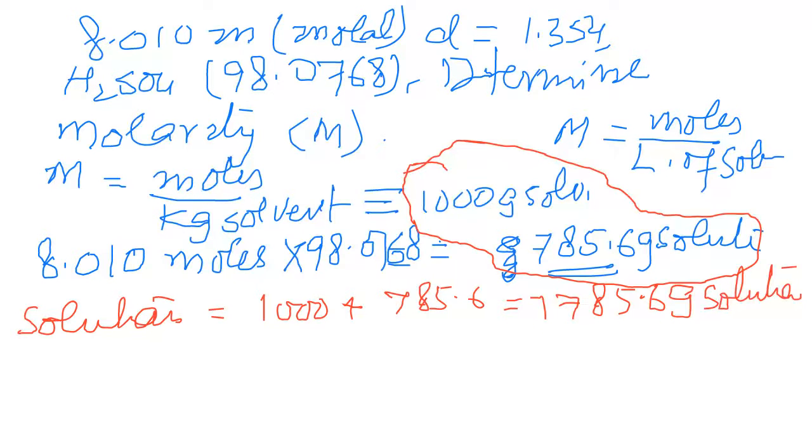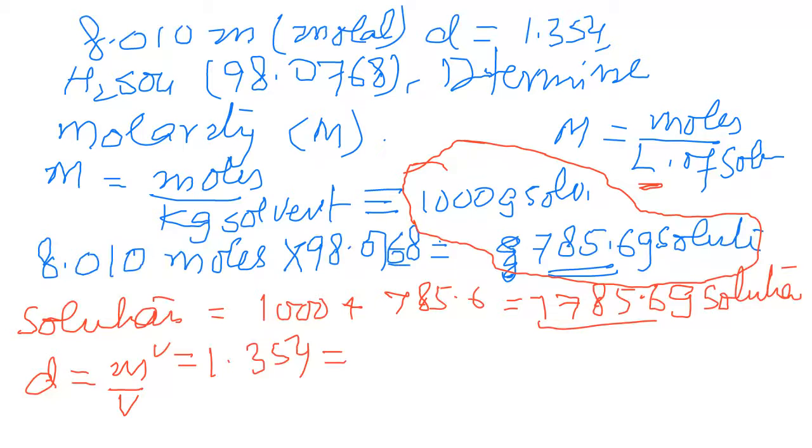Now from gram to volume, how do you change, because we want liter, we don't want gram. You know that density is equal to mass per unit volume. If you know the mass, you can calculate the volume, and density is already given. So 1.354 density equals 1785.6 divided by volume.